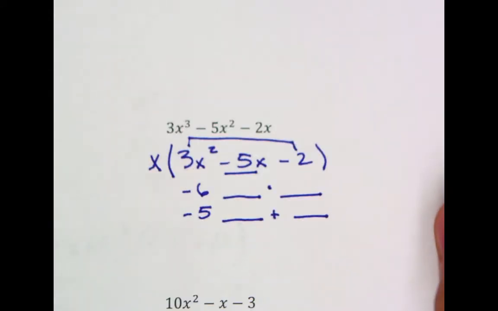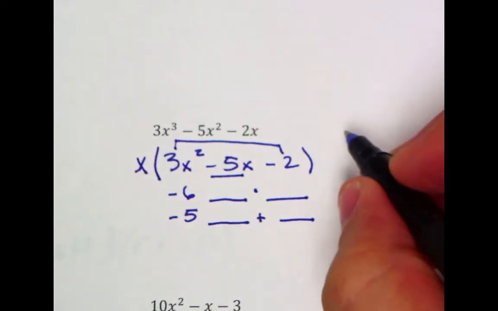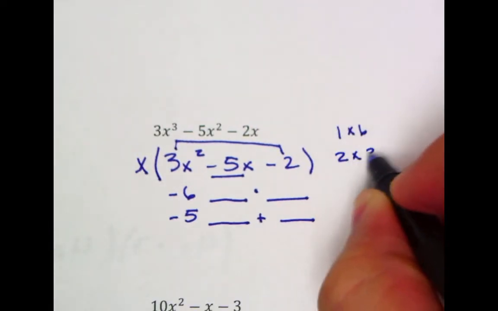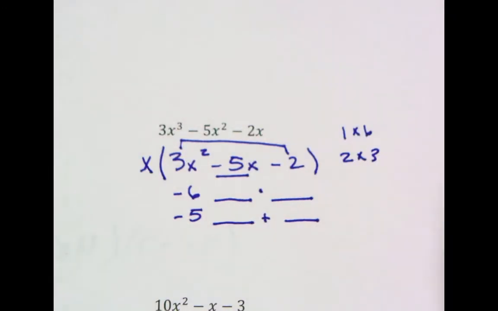You might want to jot down some of the things that multiply to be 6 in the first place, like maybe 1 times 6 or 2 times 3. It has to add to be negative 5. So you could do negative 6 and 1, or you could do negative 2 and negative 3. The problem is only one of those will actually multiply to be negative 6.